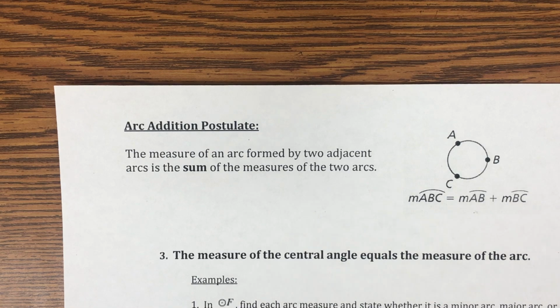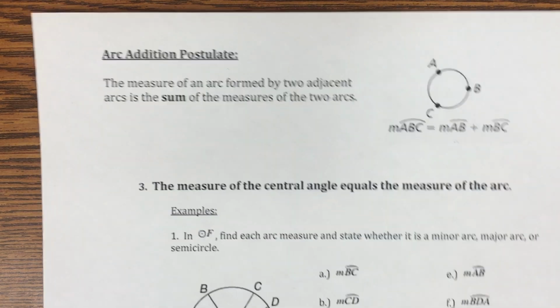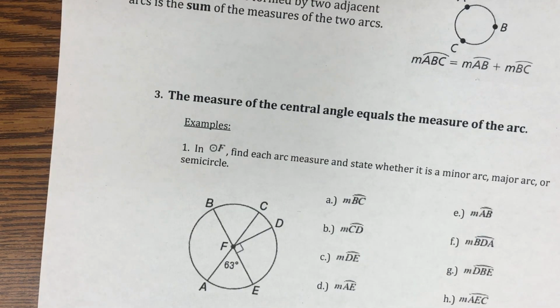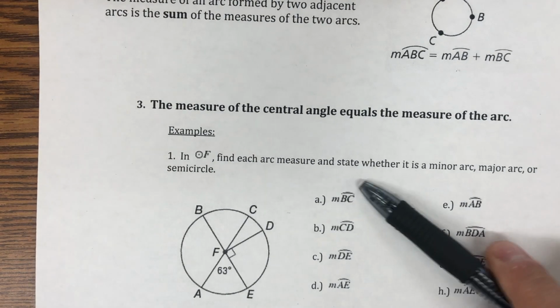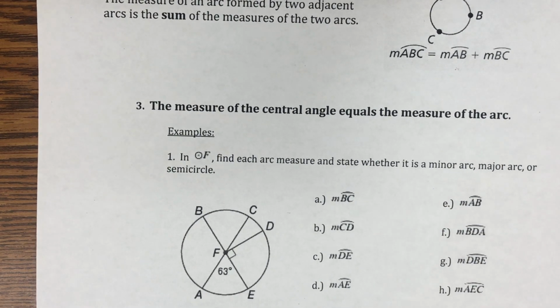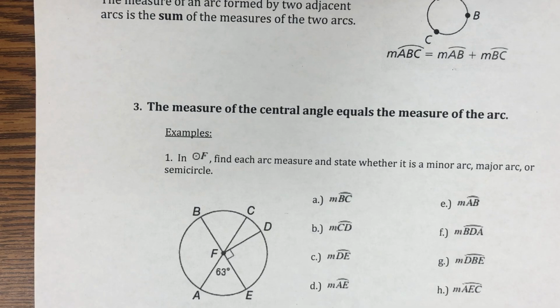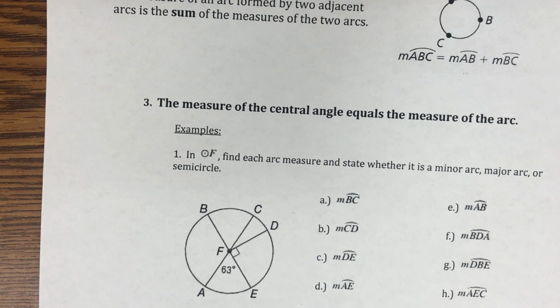So, like we said, the measure of the arc is equal to its central angle. So for this problem, rather than me trying to answer each one of these, I'm going to try and fill in everything I can in the diagram before. That's my theory, is I'm going to do it ahead of time. All right? And then I'm going to answer the questions based off what I know.